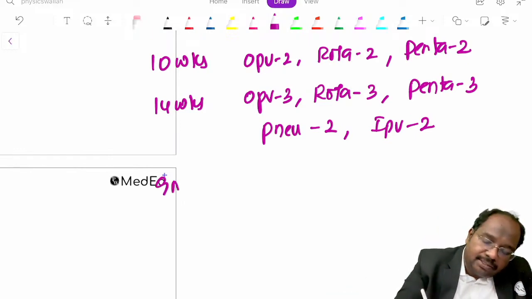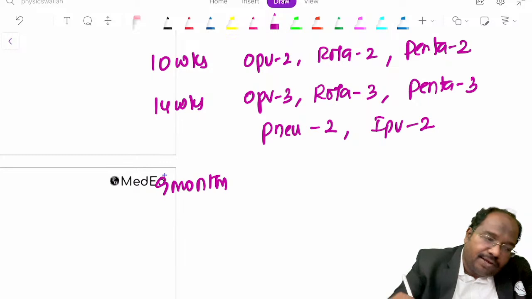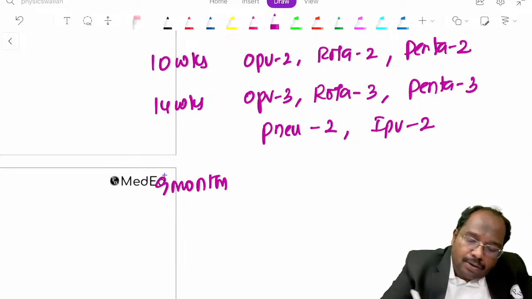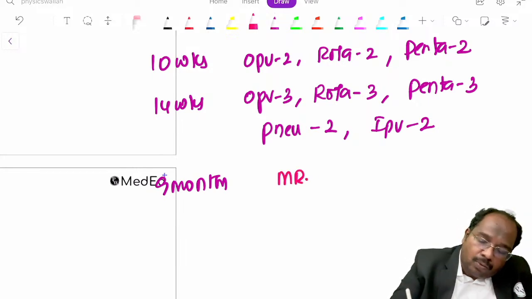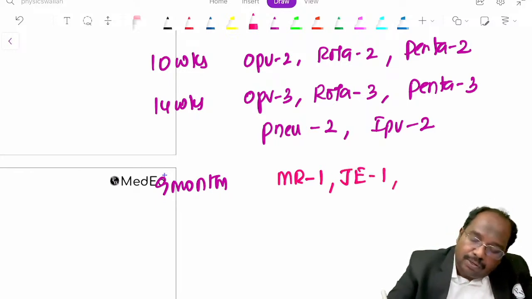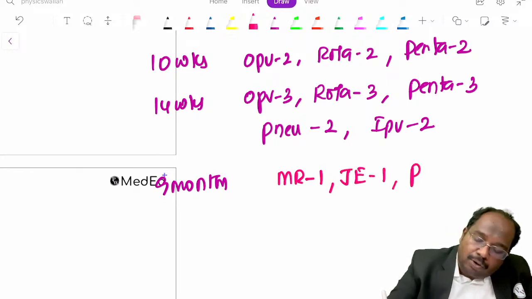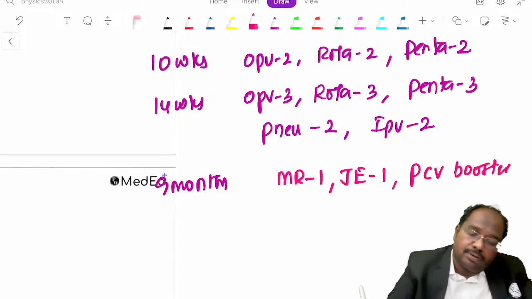At 9 months we provide MR1, JE1 (Japanese encephalitis 1), and the pneumococcal booster, PCV booster.